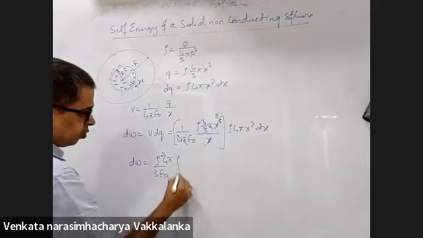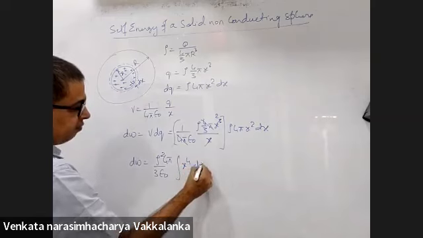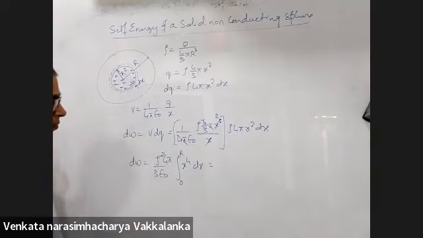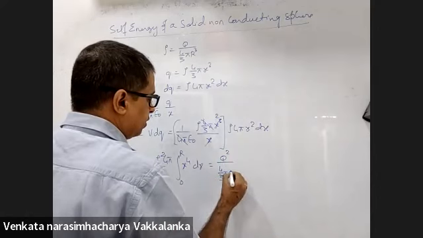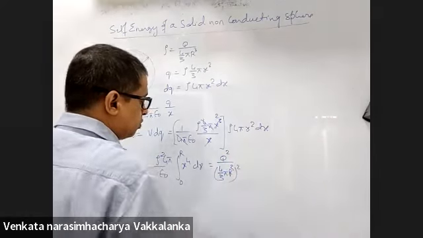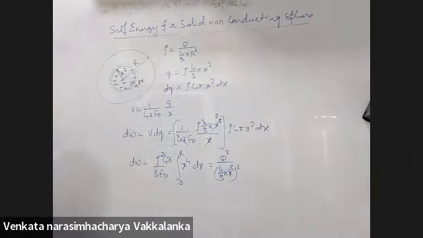This will become integral of x to the power 4 dx from 0 to R, as you are accumulating charge, increasing the radius from 0 to capital R. Rho is q by 4 by 3 pi R cube, whole square, into 3 epsilon naught and 4 pi in the numerator.